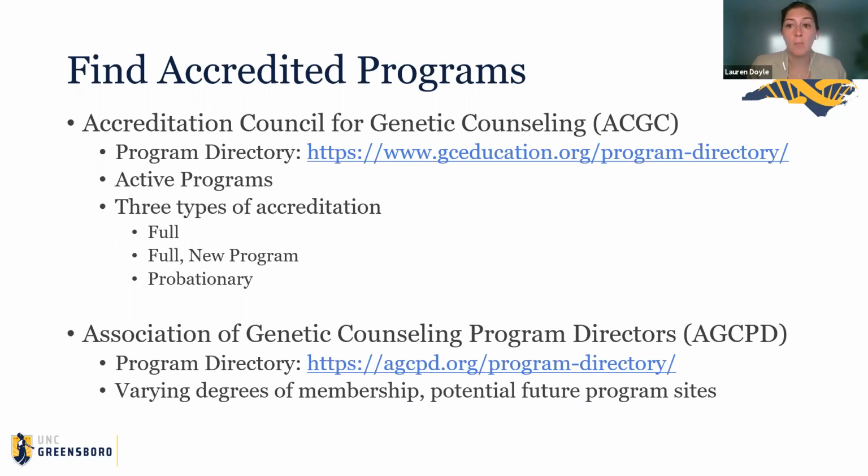And you'll notice that I have accredited more than once on the slide here, because the accreditation piece is really important. In order to practice as a genetic counselor, you need to graduate from an accredited genetic counseling training program. That should be easy enough here in North America, because all of the programs are accredited.